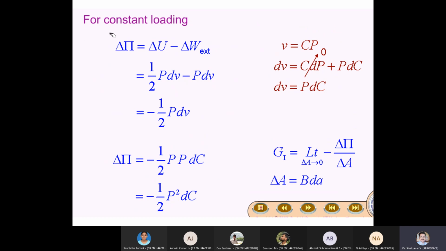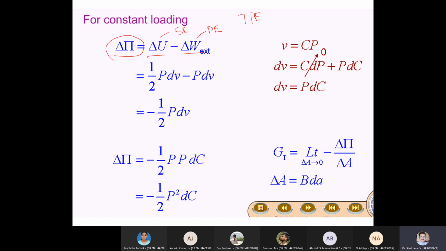So for constant load, I know very well the incremental potential energy is my strain energy and my potential energy. I think you know that, no? Pi is the total potential energy. This is strain energy. This is potential energy. All these terms you are supposed to learn through energy mechanics.